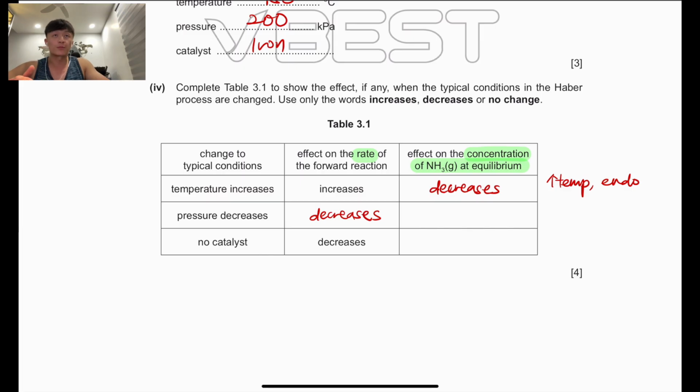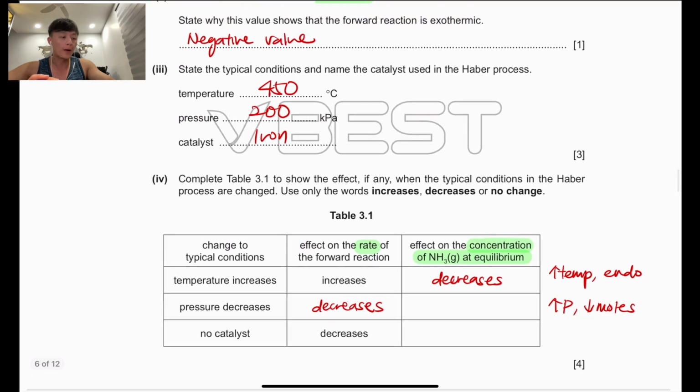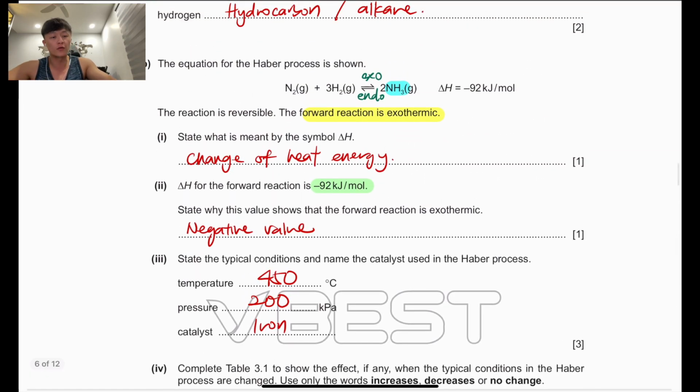Okay, next one, in terms of pressure. Know that an increase in pressure favours the side with fewer moles. So now we compare the number of moles or molecules on the left hand side and right hand side. Left hand side, how many molecules? 1 plus 3, you have 4. Right hand side, 2.